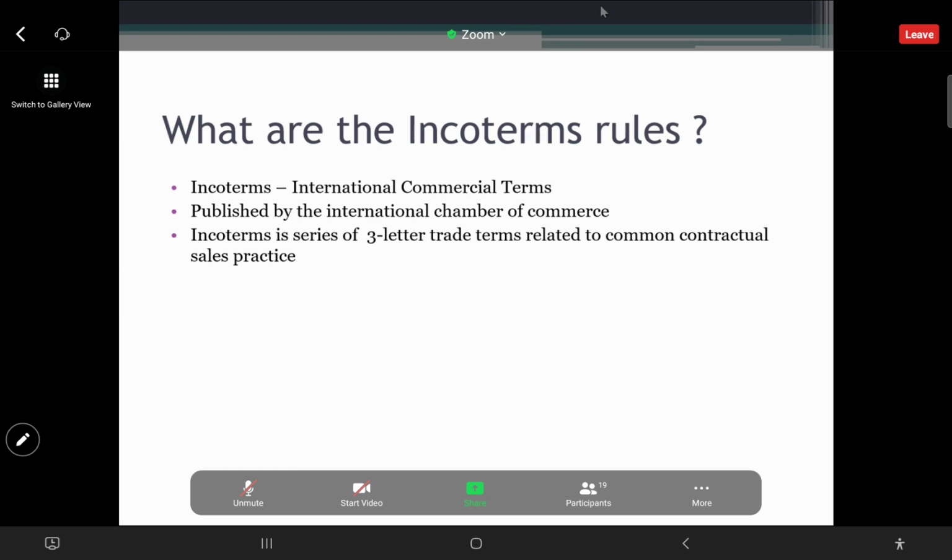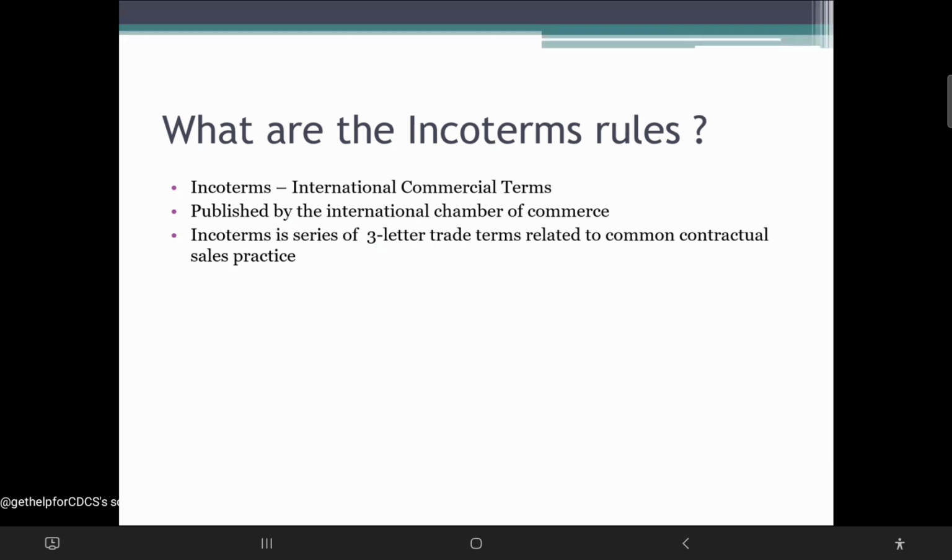So what are the Incoterms rules? Incoterms is an acronym for International Commercial Terms, published by the International Chamber of Commerce, ICC. Incoterms is a series of three-letter trade terms related to common contractual sales practice.